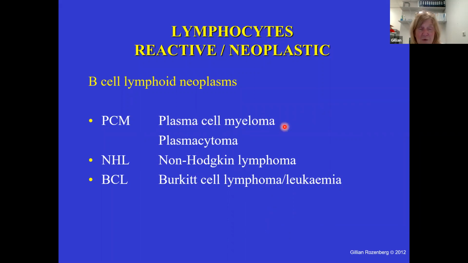As I said, this is the more recent WHO classification, so we don't call it multiple myeloma, that is not used now. It's plasma cell myeloma, and then plasmacytoma, non-Hodgkin lymphoma, and Burkitt cell lymphoma leukemia.